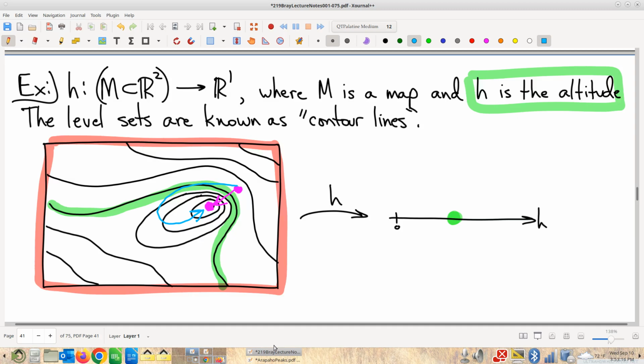You then have to write over to the side, or maybe you label on the level sets, 500, 400, 300. Otherwise, you can't technically tell if this is a mountain peak or the bottom of a pit. Yeah, absolutely. Everybody good?